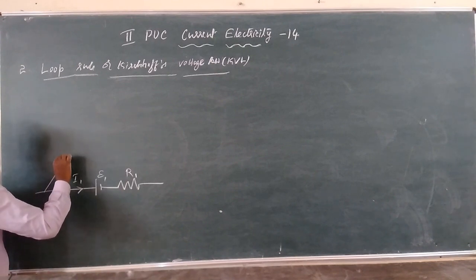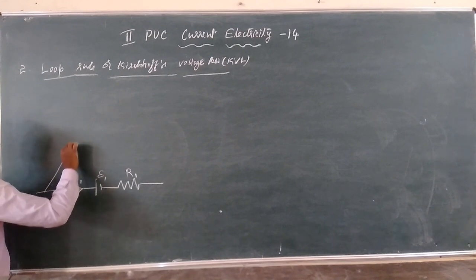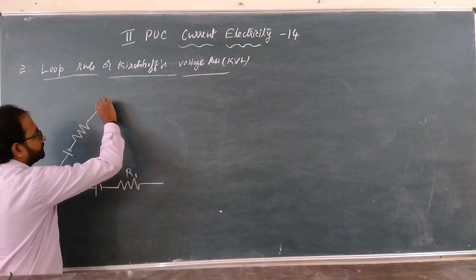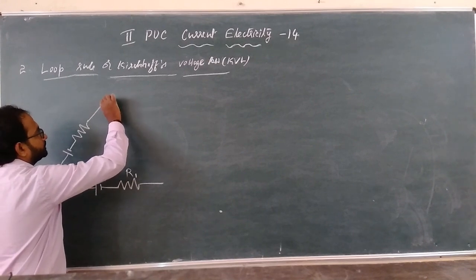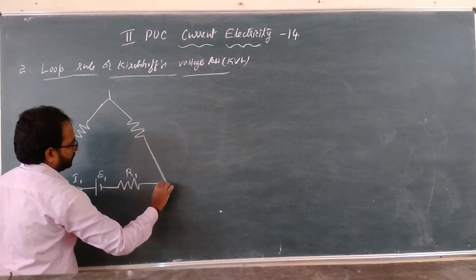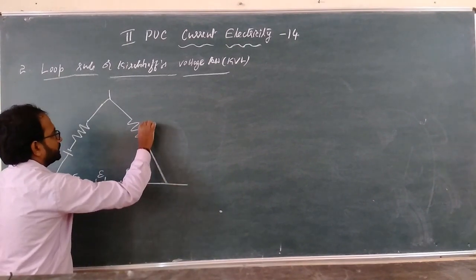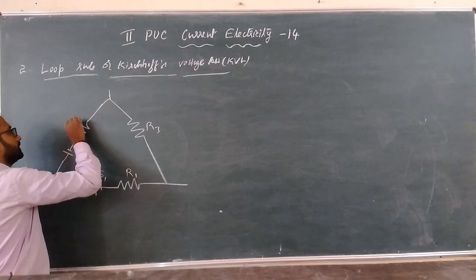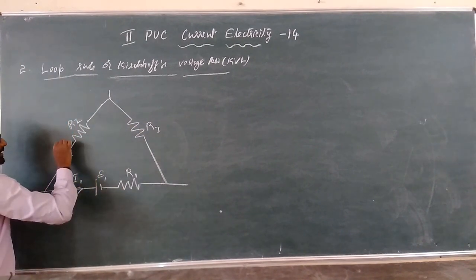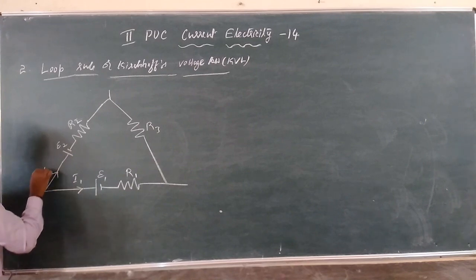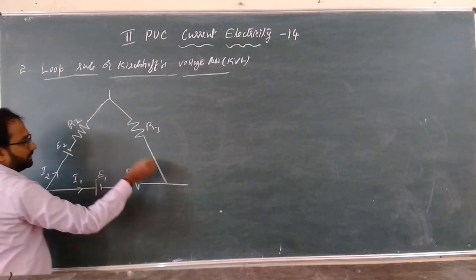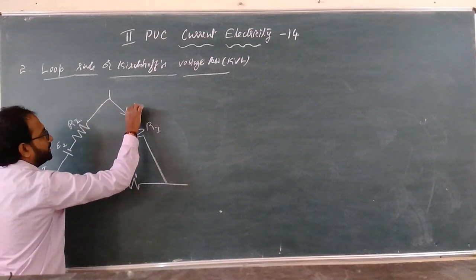Here is another cell, here is another resistor R2, this is R3, and this is another cell of EMF E2. This is the direction of current in this particular branch.